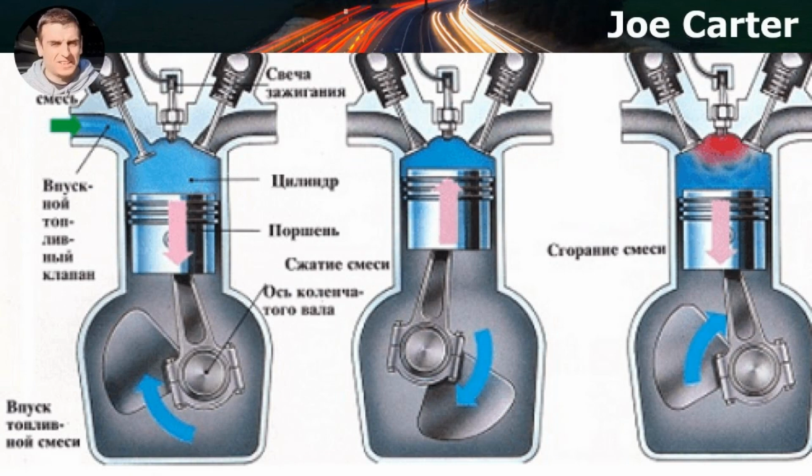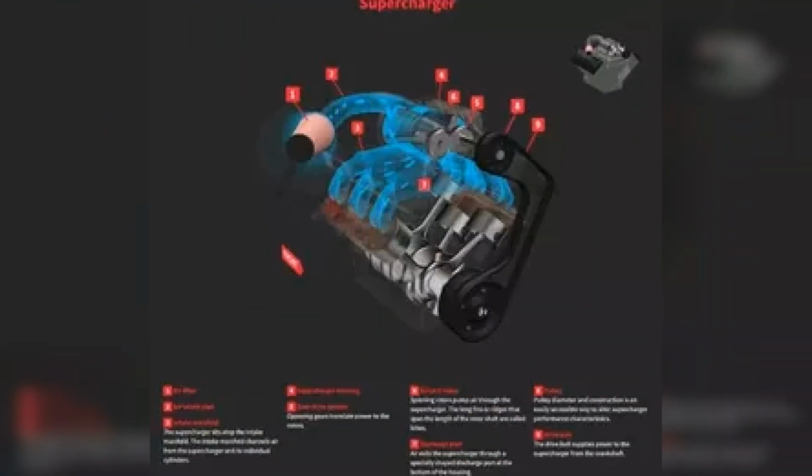The list of advantages of this engine includes the following points: a significant increase in power, as well as torque of the engine, by 70% compared to the atmospheric counterpart, which is the main purpose of the structural change of the unit. Reduced consumption of gasoline or diesel fuel per unit of power.